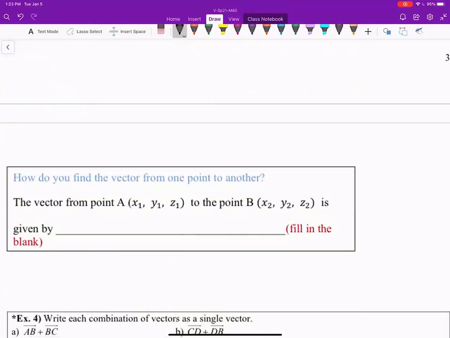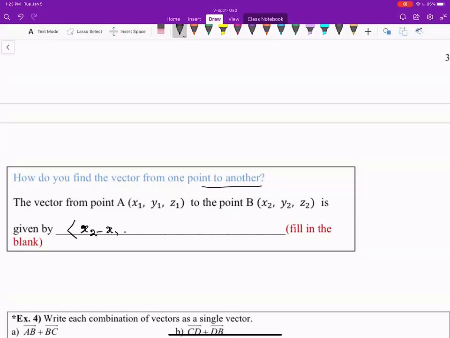How do you find a vector from one point to another point? The vector from the point A with coordinates x1, y1, z1 to the point B, x2, y2, z2, is given by the vector in angle brackets.